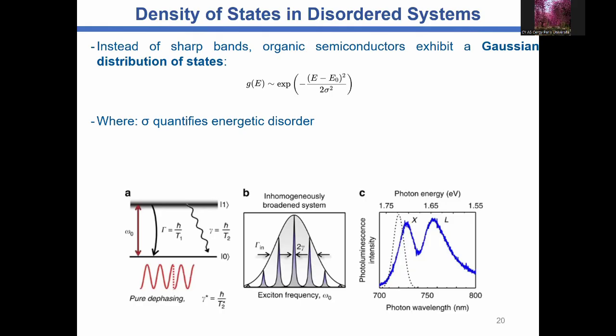This is one example, but you have this broad peak because of the molecular rearrangement, and also the vibrational states that are available to your electron.